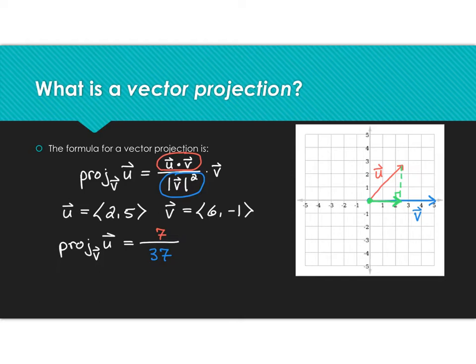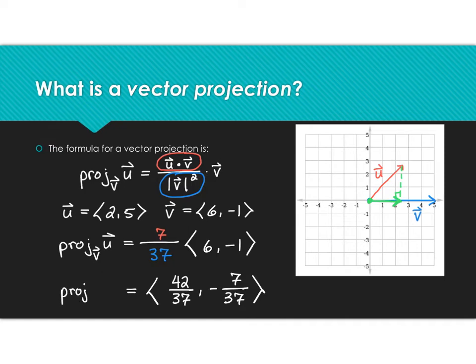And then we're multiplying by vector v, so 6, negative 1. So then if we write this just as a vector without that multiple in front, this is going to be 42 37ths and negative 7 37ths. That is the projection of u onto v.